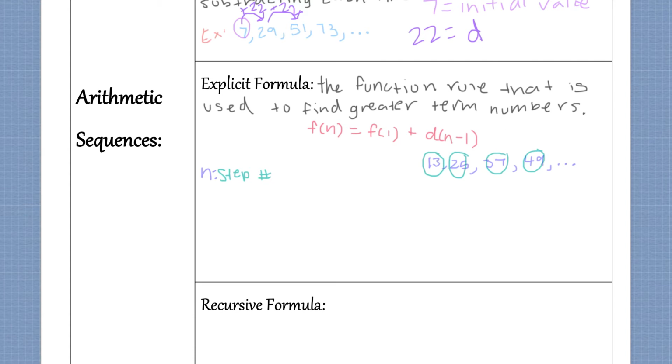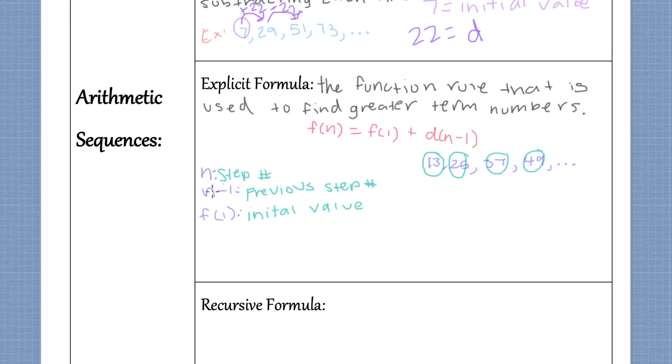The next variable that we have is n minus 1. And n minus 1 is the previous step number. Our next one is f of 1. And f of 1 is the initial value. We had said that the initial value was the starting value of the sequence.